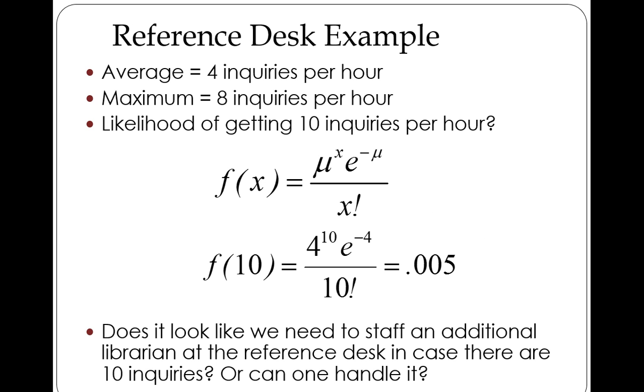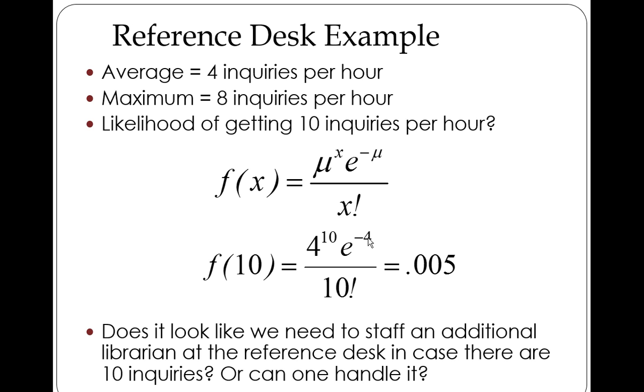So the average is 4. The maximum that a librarian can handle is 8. And what's the likelihood of getting 10? So we need to figure out where to put these into our equation. Mu is 4, it's the average, so wherever we have mu in our equation, we're going to put 4. So we have 4 here, and we have e to the minus mu, so that's e to the minus 4.